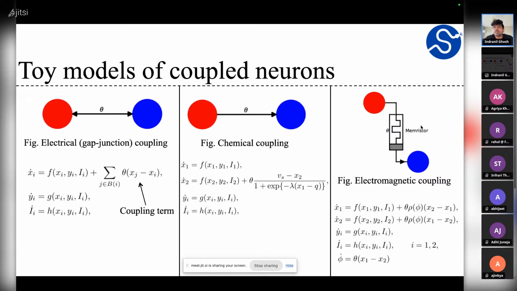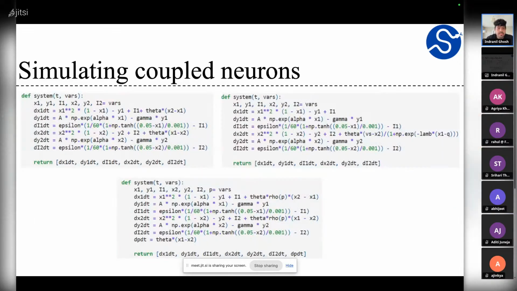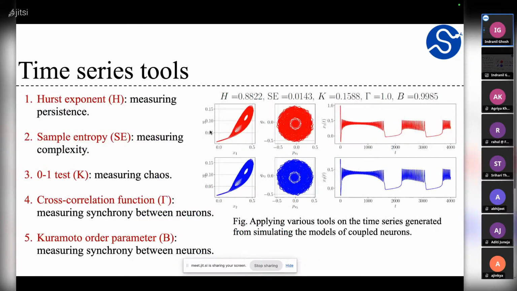So there are capacitors, inductors, resistors, and the fourth object is memristor. I'm not going to talk too much about it, but you can build this literally in an electrical lab. So again, translating all those toy models in Python, I've just changed the function that needs to be written down. Very straightforward.